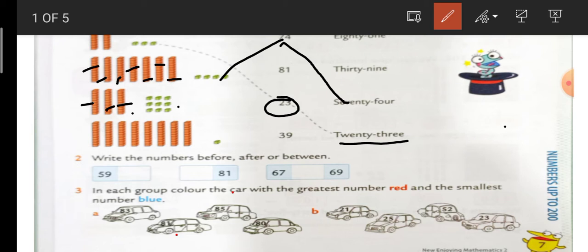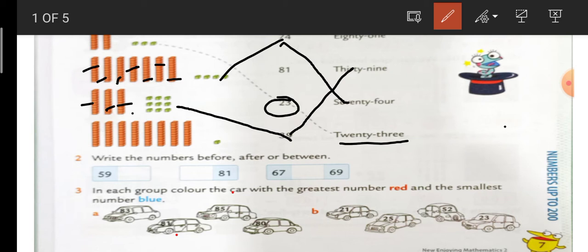So 3 tens means 30 and 9 ones means 9, so 39. So here it goes to 39. We will try to do very clear matching so that nobody is confused.